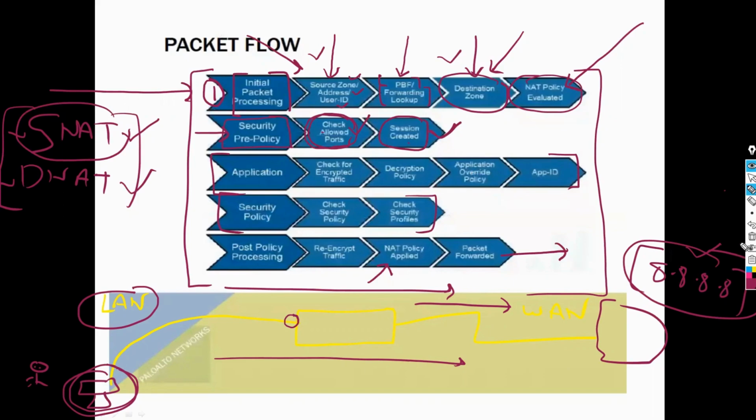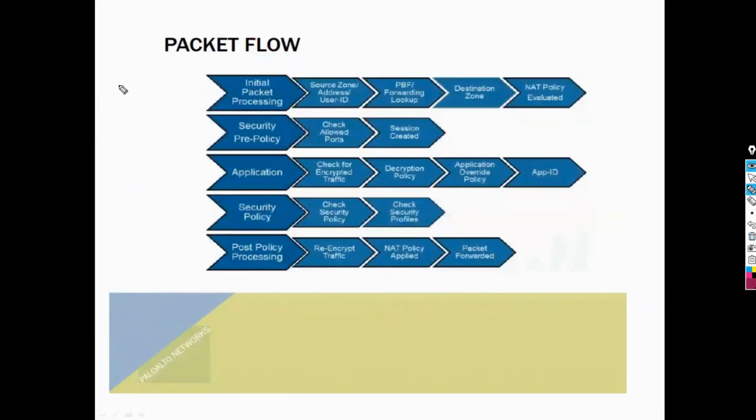Let me revise this. What if traffic hits this ingress interface? Your firewall will verify which source zone and source address the traffic is coming from, then routing table information, destination zone information, NAT policy evaluated, check allowed port, session created, and now NAT is applied, source NAT or destination NAT, and then the packet is forwarded to the egress interface.